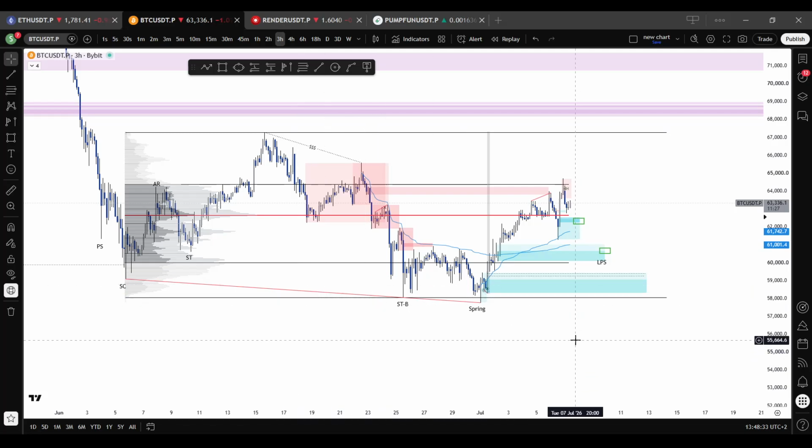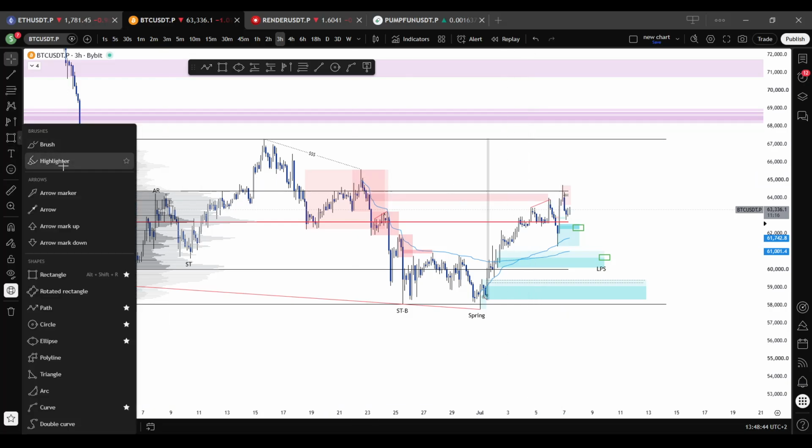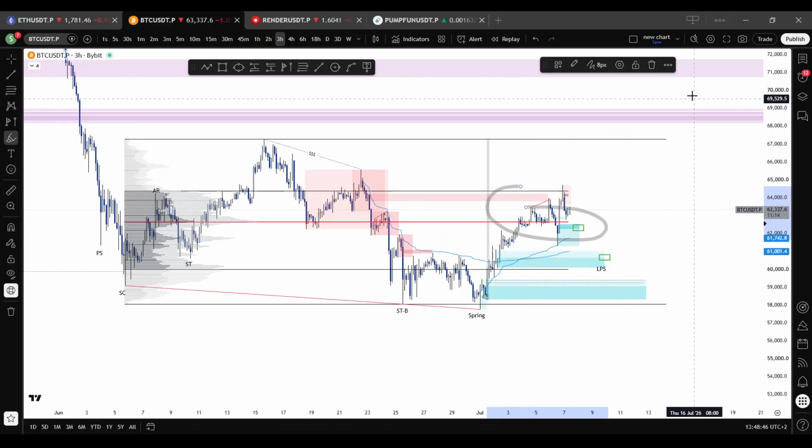As you can see, we have been extending to the upside, and right now, for the first time, we're starting to range around the point of control around here.